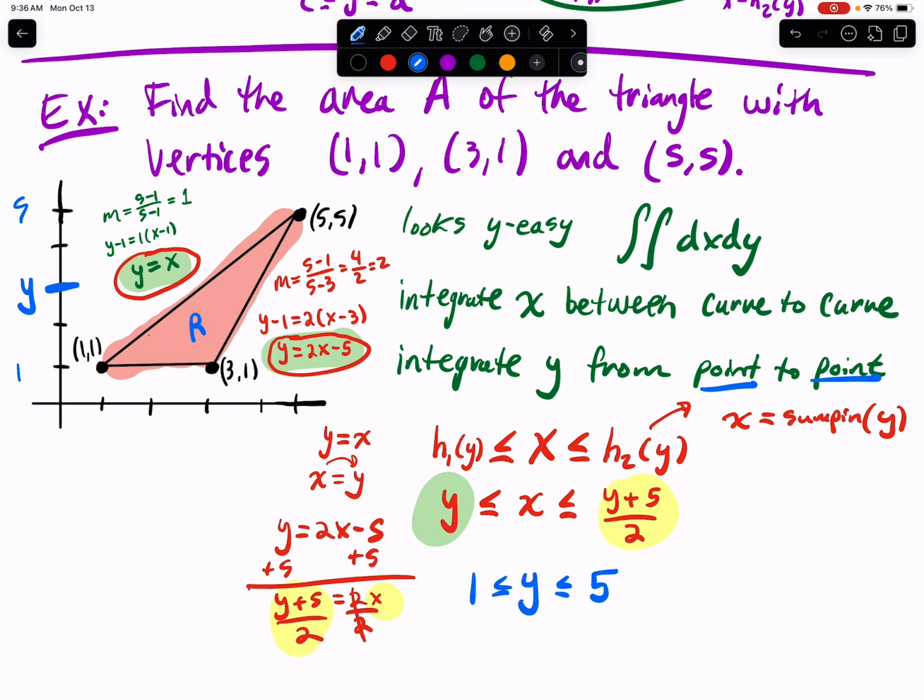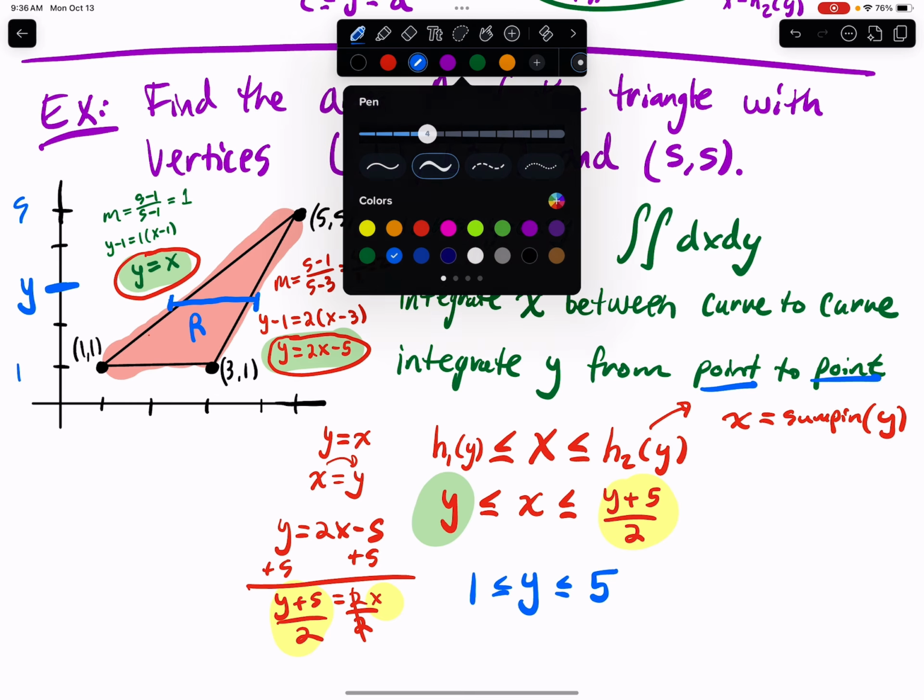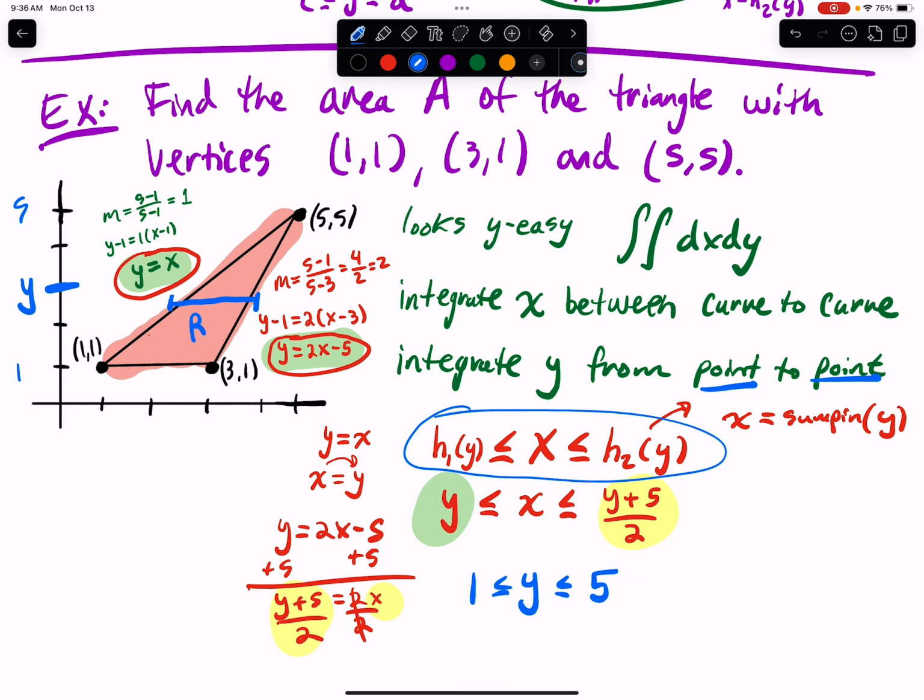And since this was y easy, it makes sense to do curve to curve with respect to x first, and then point to point with respect to y. You only want to have to describe it with one region, one iterated integral. So now that we have the setup, let's do it.